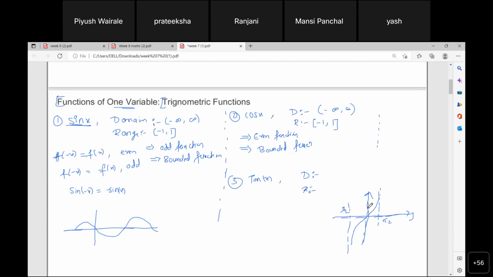For the odd multiples of pi by 2, this function is not defined. So the domain is R minus the odd multiples of pi by 2, that is (2n+1) pi by 2, and the range is minus infinity to infinity.